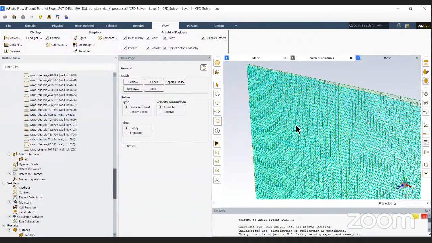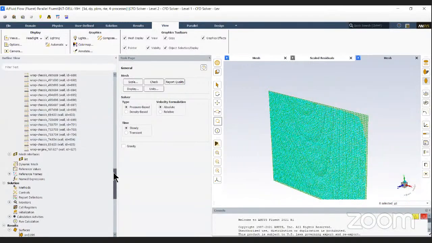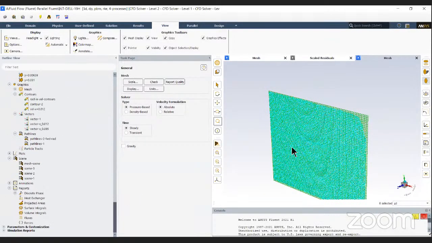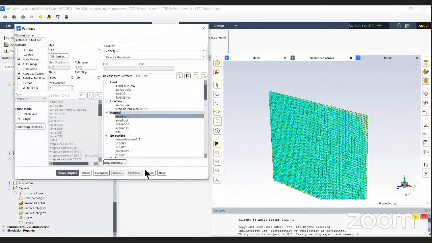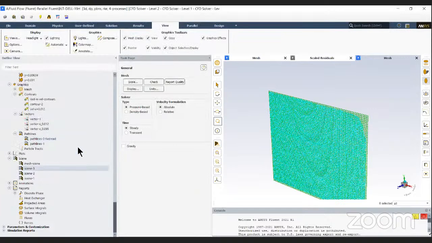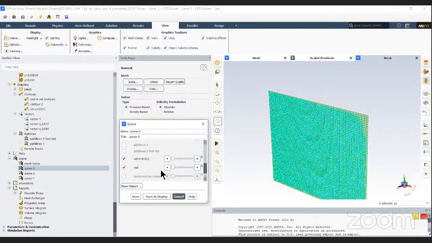So after all this is done, I go ahead and run the simulation for a couple of iterations. It's not converged yet, but I wanted to show you what sort of data you can get from a simulation like this, right? Let me go ahead and show you this guy over here.